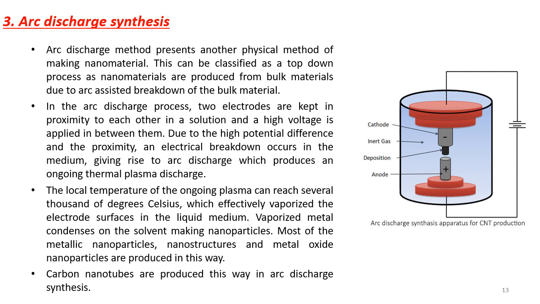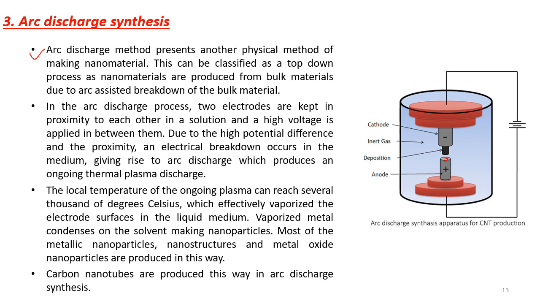Next, the third method we are going to discuss for producing nanoparticles using the top-down approach is arc discharge synthesis. Here we can see a setup. The arc is developed in the gap between the cathode and anode.